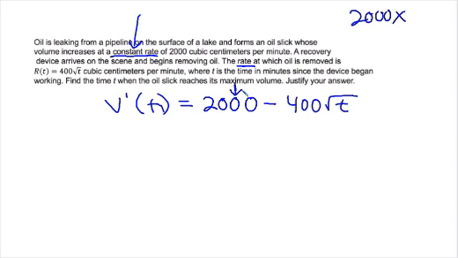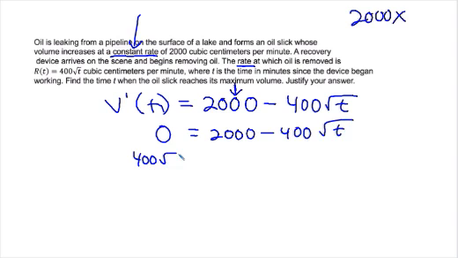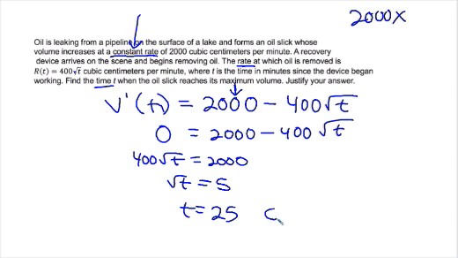What do I do with it? I always set it equal to 0, and I start working through my critical point process. So I have 400 square root of t equals 2,000. The square root of t equals 5. And we can start working through our process for when it is a maximum volume.